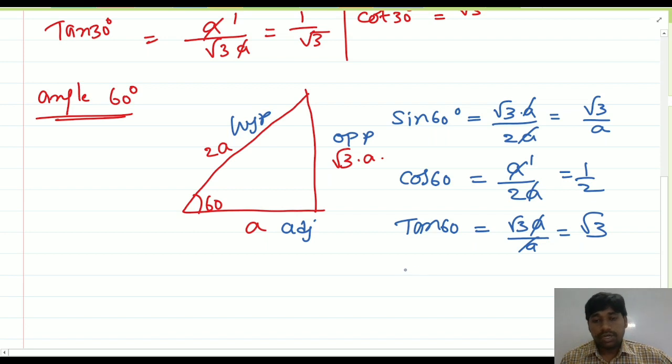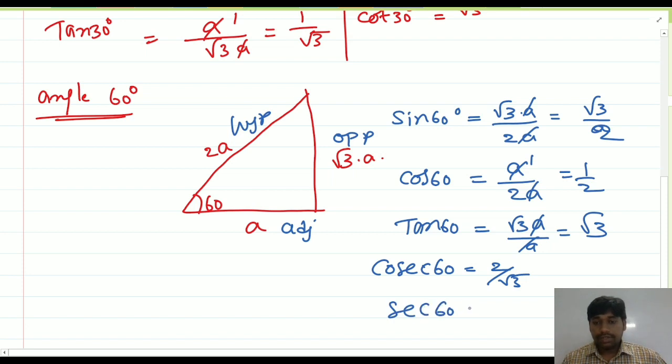That is cosec 60, sorry, here it is 2 by root 3. Next, sec 60, which is 2 by 1, that is 2. Next cot 60, that is 1 by root 3.